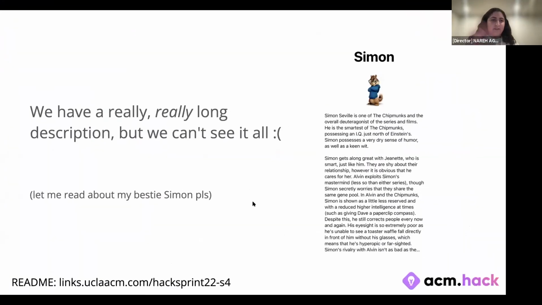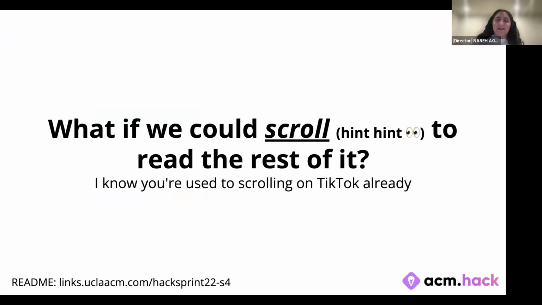We have this really long description, but we can't see all of it. Please let me read about my bestie, Simon, best chipmunk, by the way. So what if we could scroll, hint, hint, to read all of the text?